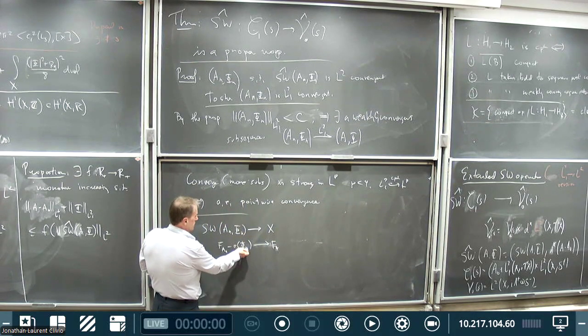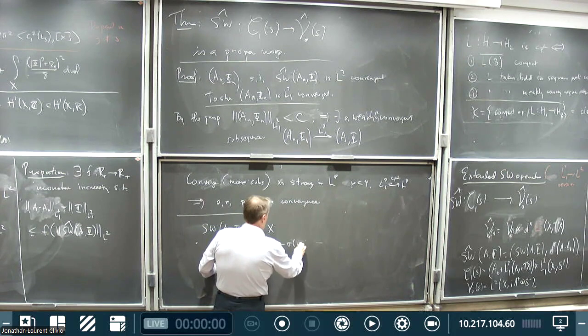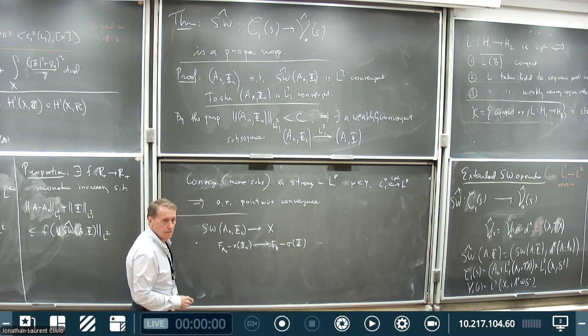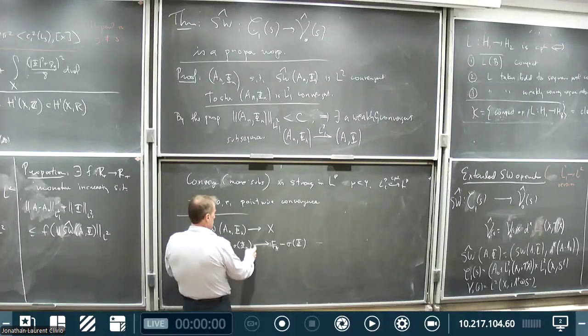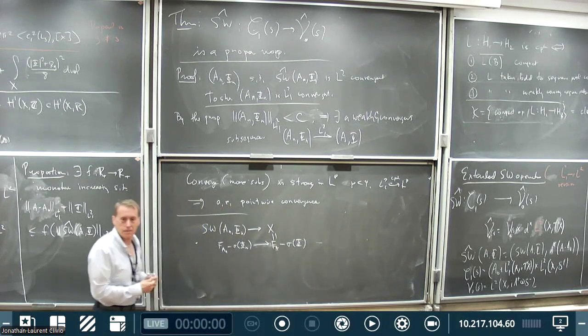This guy is nonlinear, but I think of it in LP. It's converging strongly to sigma of phi. So we have strong convergence to something. We have weak convergence to this. I think these are equal.